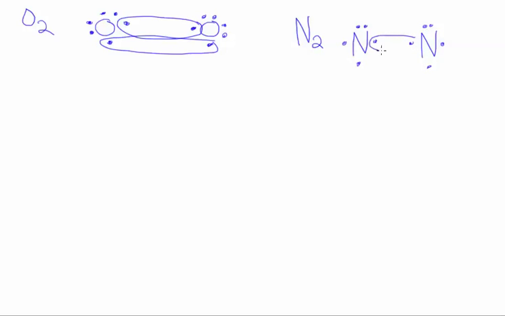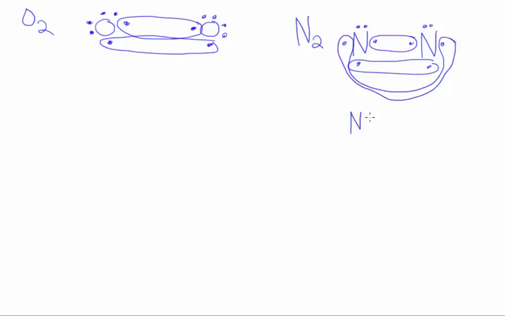And hopefully you can see, now you can see that nitrogen is sharing 3 pairs of electrons. That means that in nitrogen it is a triple bond.